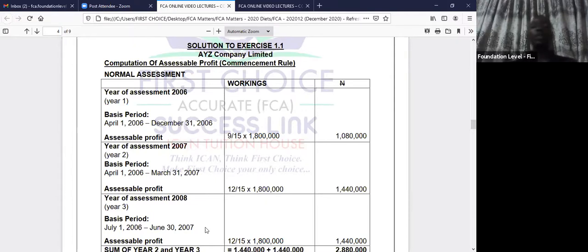Now, what happens here is that in the normal basis period, there is what they call right of election.